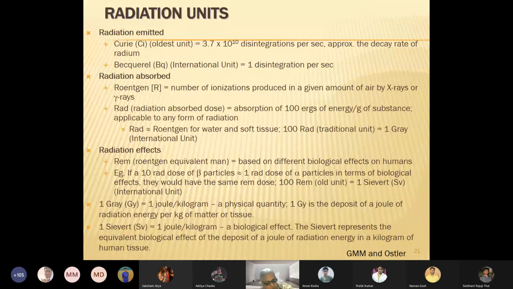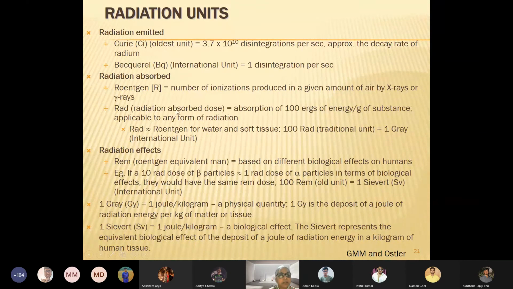That is of importance from a health perspective. We're not interested in how much is being emitted by the X-ray machine and so on. That's of no consequence for us, right? So it all depends, like I said, on what is the practical outcome that you are interested in.